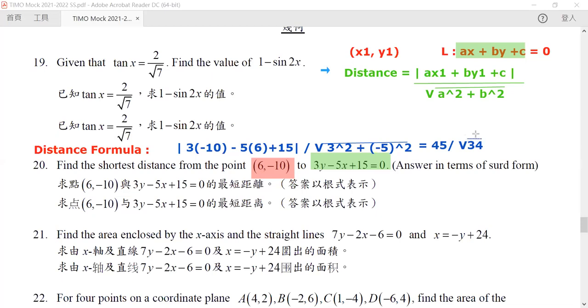Or we can write it in a much more appropriate way, the same as 45 times root 34 divided by 34. And both of them are okay. The one on our right is a rationalized answer. The one on our left is not rationalized. Okay, so this is how we find out the smallest distance from this point.